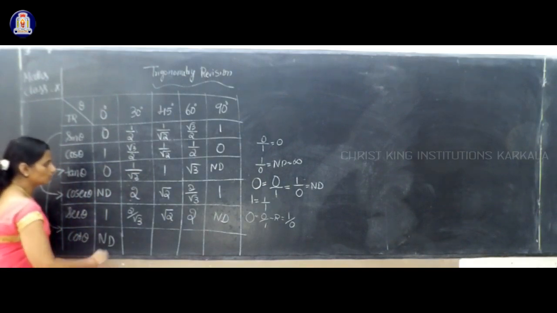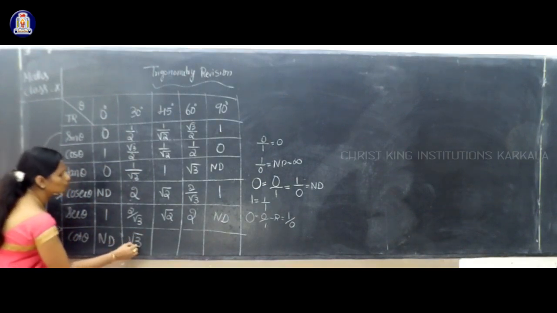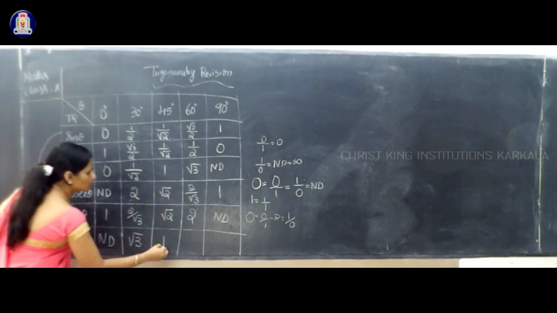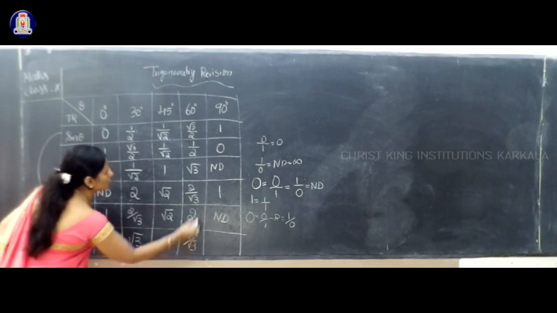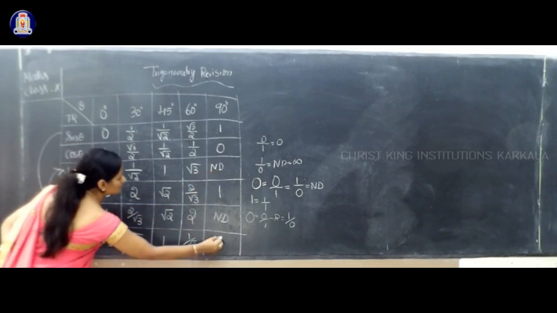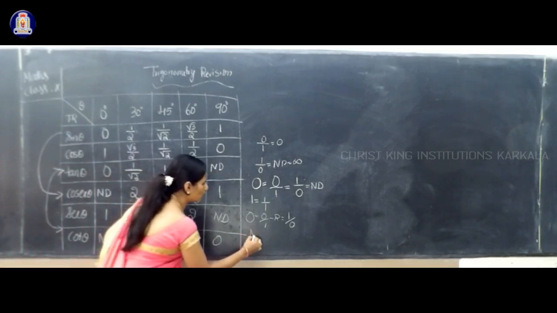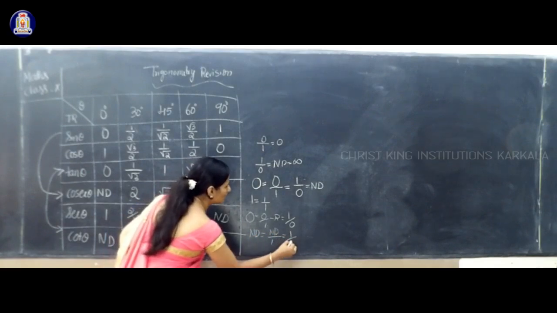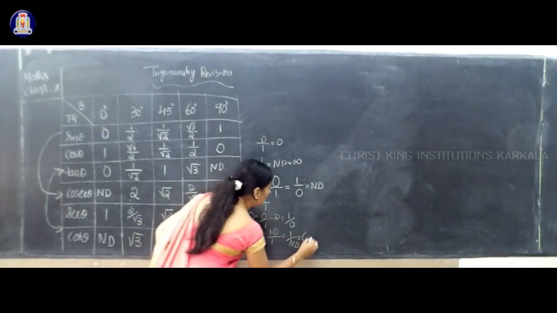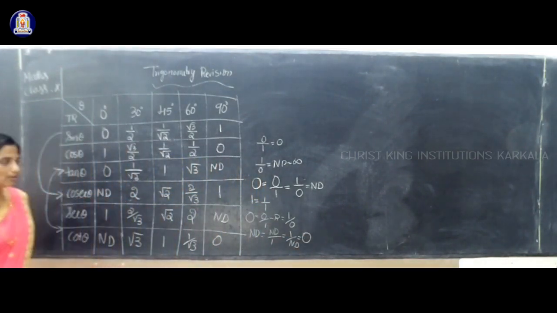Then not defined: the reciprocal gives 1 divided by not defined, which is 0.